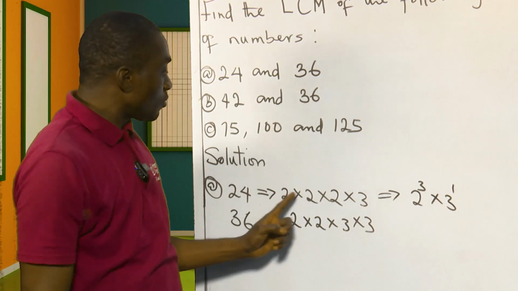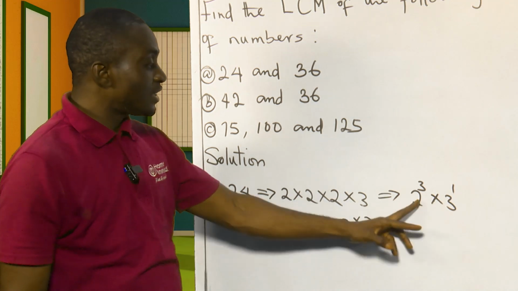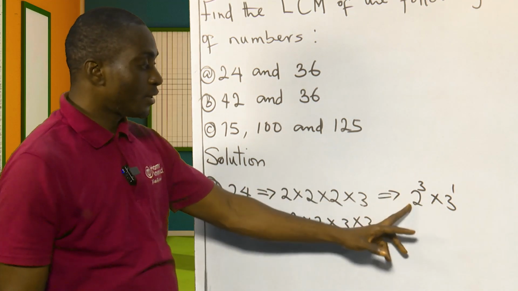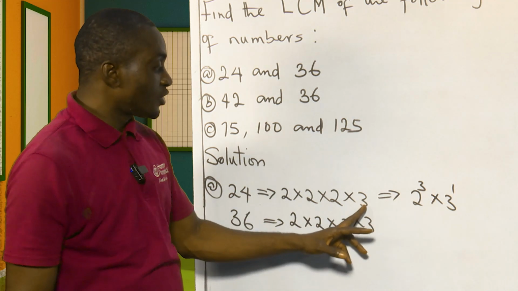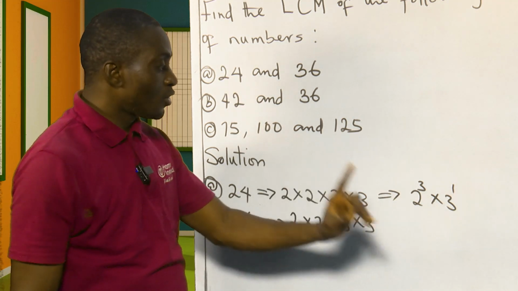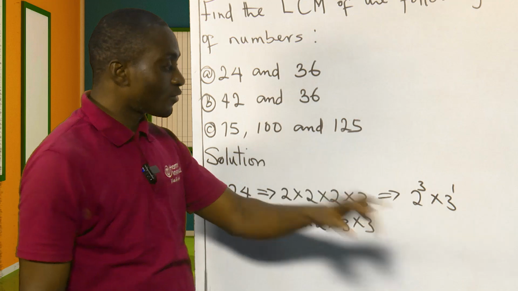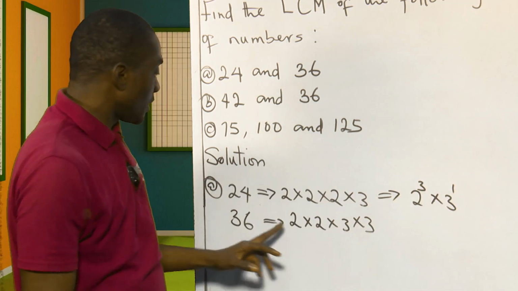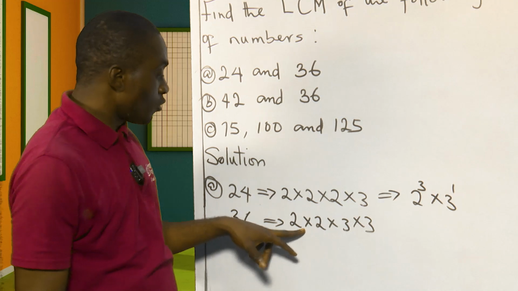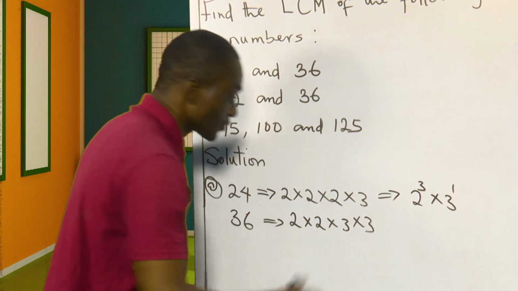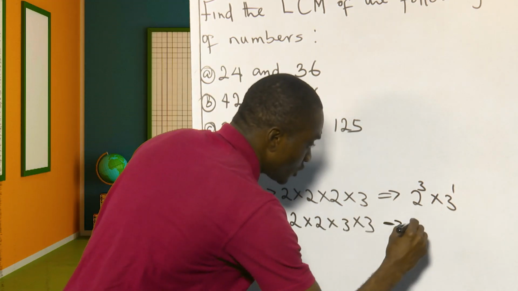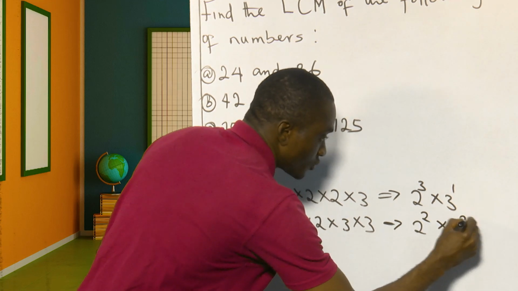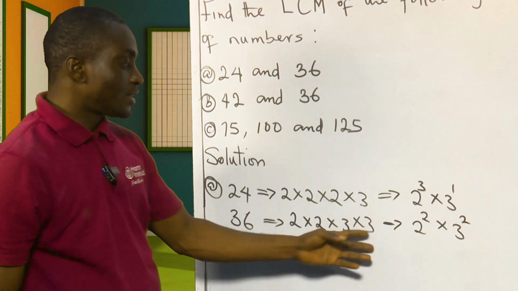The 3 is only one, so in index form it is 3 raised power 1. For 36, this will be 2 raised power 2 multiplied by 3 raised power 2. All right, that is that.